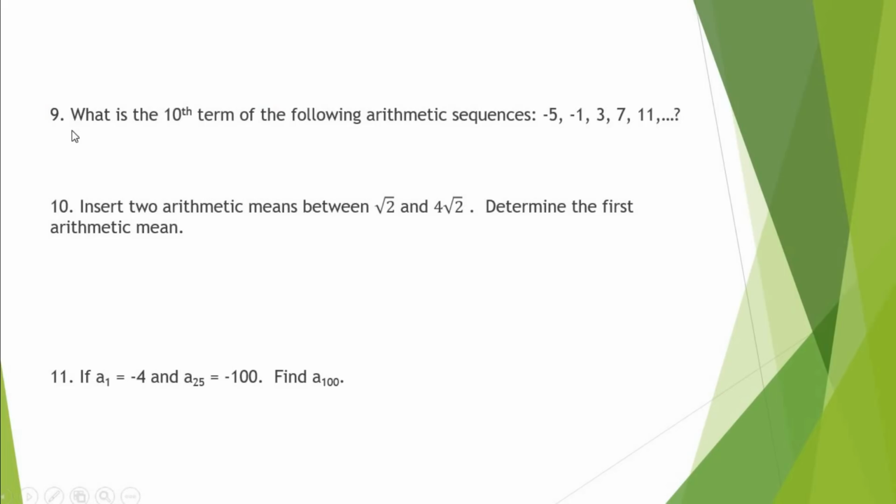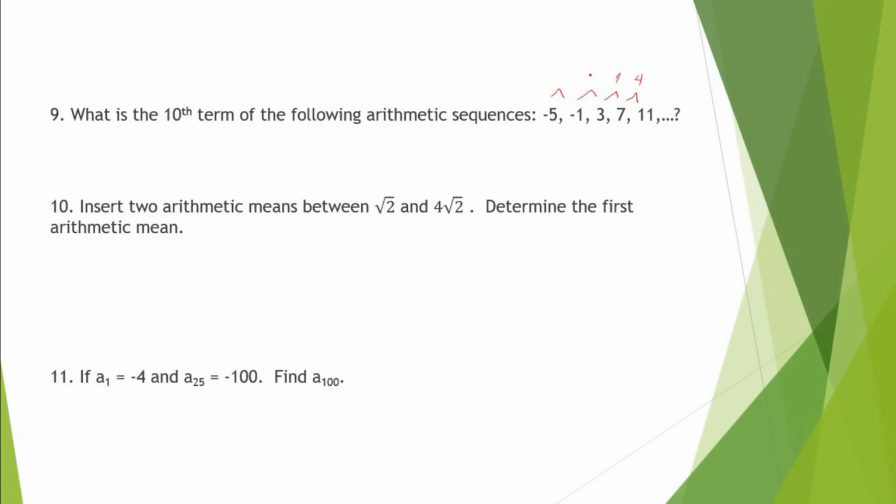So what is the 10th term of the following arithmetic sequence: negative 5, negative 1, 3, 7, and 11? Notice here that these have a common difference of 4. 11 minus 7 is equals to 4. 7 minus 3 is equals to 4.